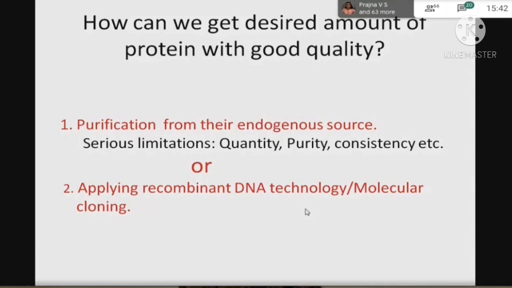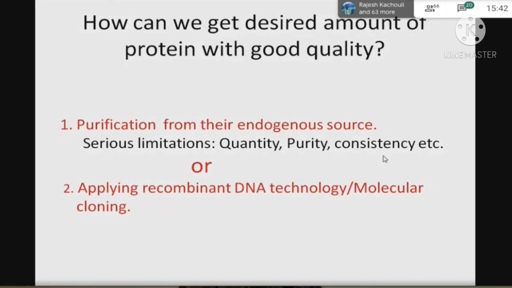If we isolate from an endogenous source, it's difficult to get rid of other proteins. Highly purified protein we will generally not get. Purity is a problem, and quantity is also a problem.